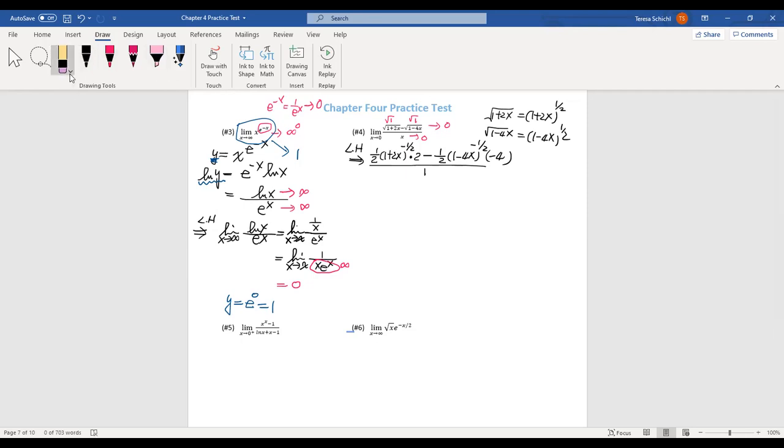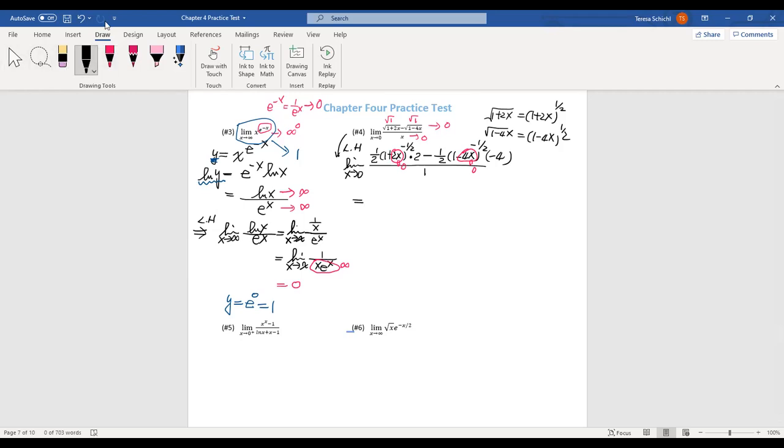Okay, let me put the arrows here. So now I take the limit as x approaches 0, right? So from here to here, this is L'Hopital's rule. Now let's see. What is the limit as x approaches 0? x equals 0, so this term equals 0, and this term equals 0, right?